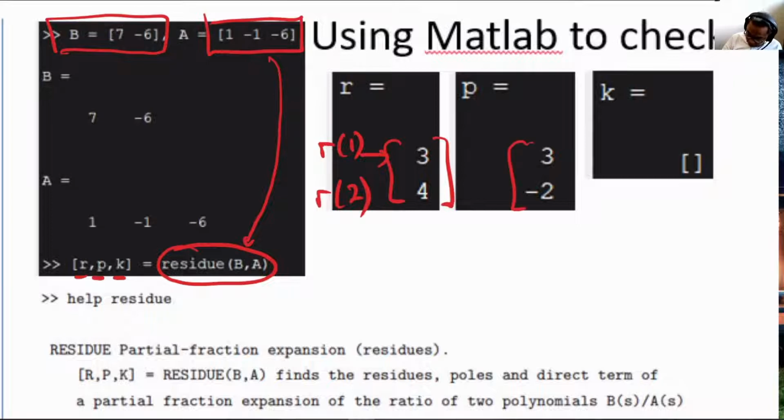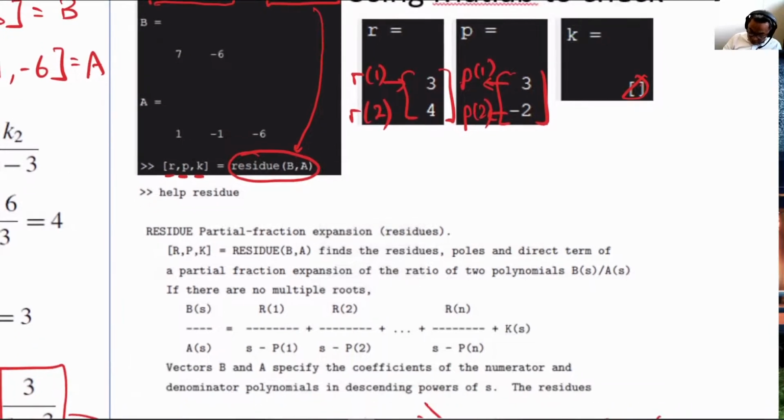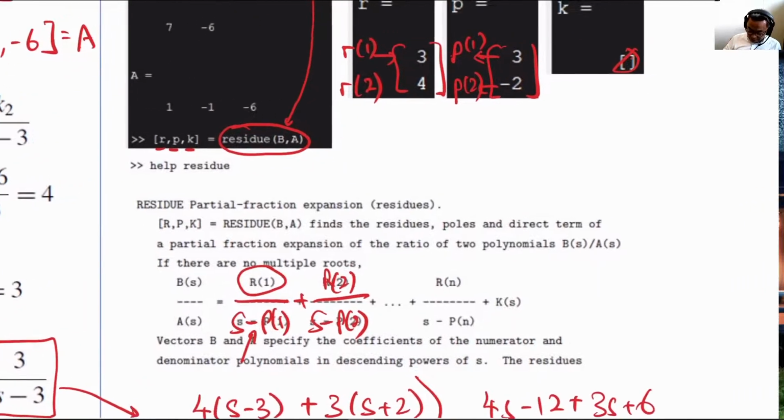This is P, so this is P1 and this is P2. And K is nothing. So the answer is in this form: R1 divided by s minus P1 plus R2 over s minus P2. Remember, this is minus here, so when the entry of the pole is minus, it will become plus.